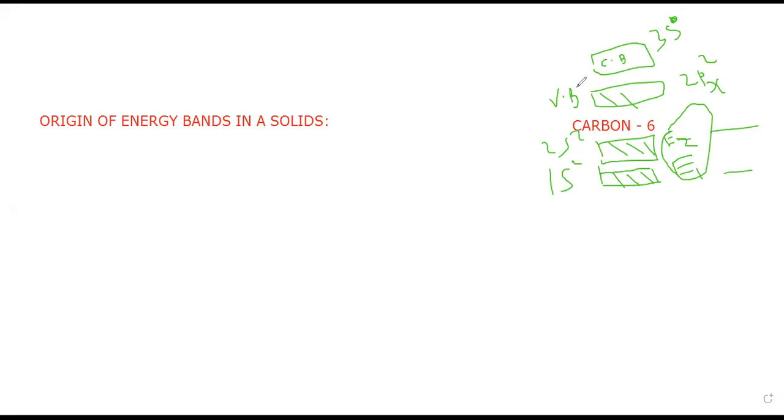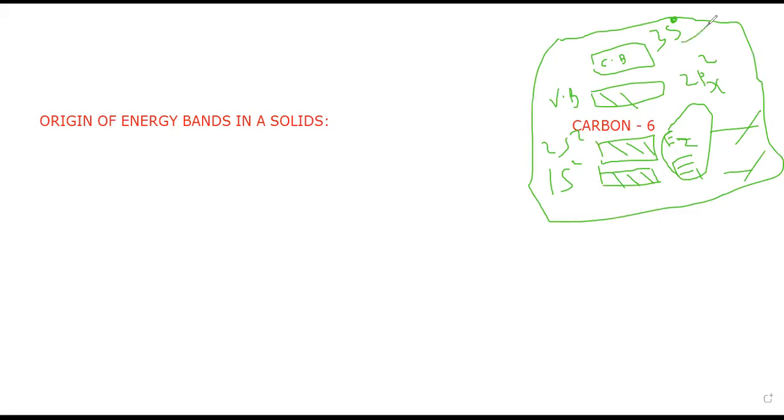So if you take any solid, it has different energy bands: the separate energy levels E1 and E2, the valence band VB, the conduction band CB, and the gap between the valence band and conduction band. That gap is called the forbidden energy gap, FBG.